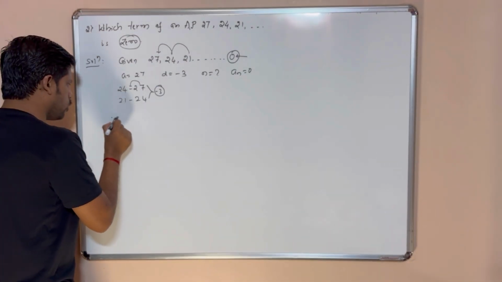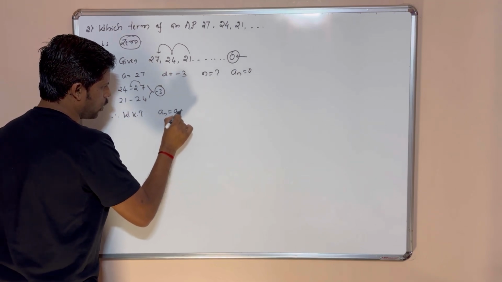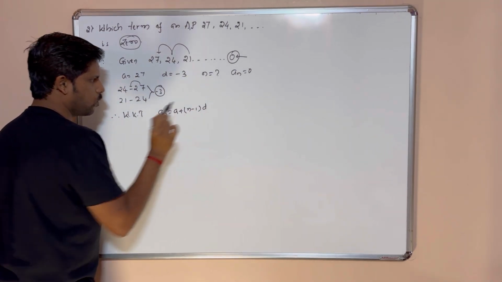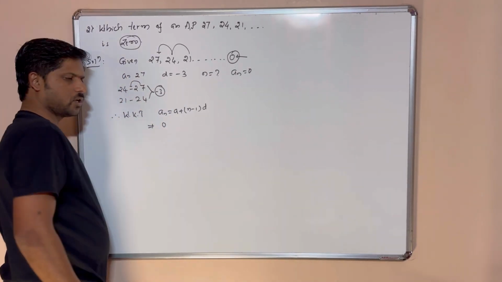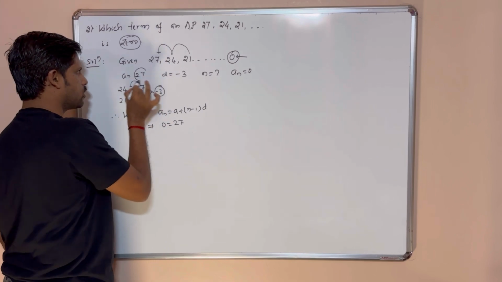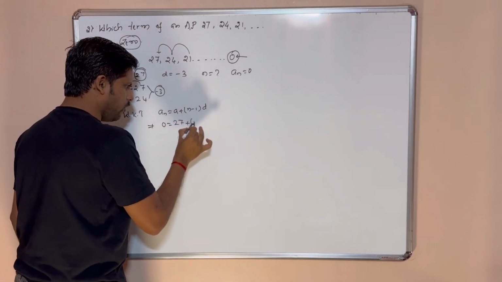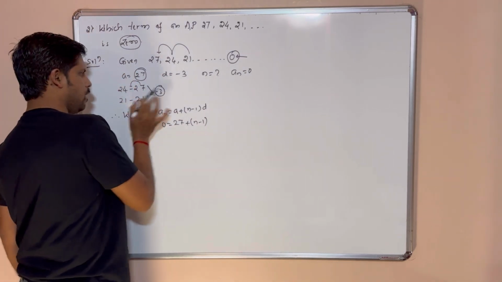Now again I am going to use the same formula. We know that An is equal to a plus n minus 1 into d. Here An is given, right, 0. What is our a here? So 27. Here it is 27 plus n minus 1, n we don't know, so keep it as it is, and d is minus 3.